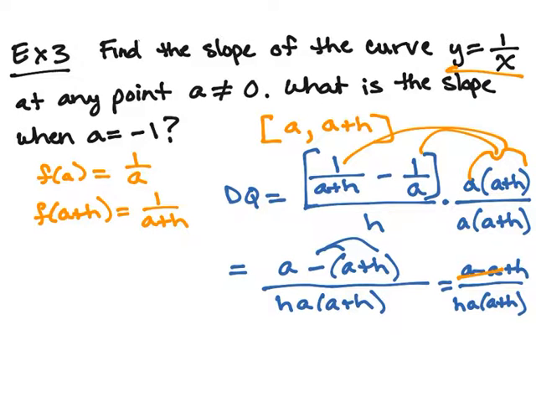Yes, thank you. Good catch, y'all. Okay, and that is going to simplify to negative 1. So I get negative 1 over A times A plus h. All right, so all of that is called the simplified difference quotient.